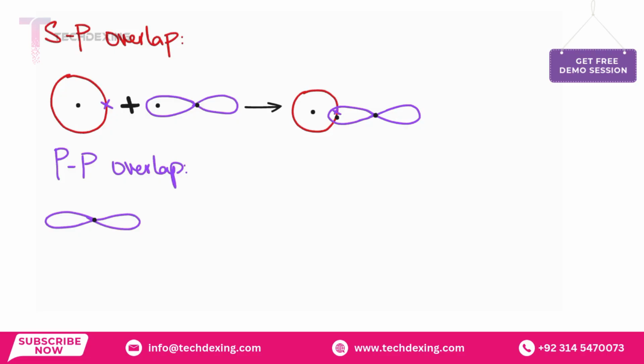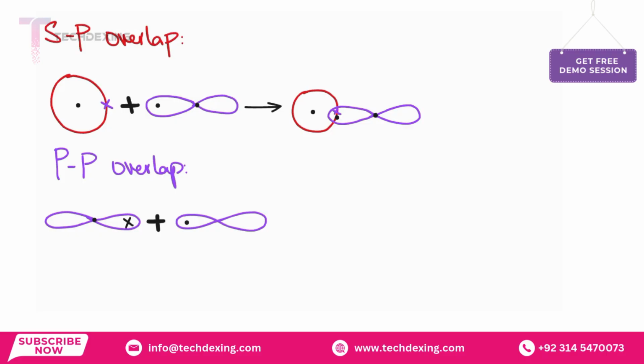Another p orbital. Both are having a single electron in them. It is represented by a cross. The other one is represented by the dot.